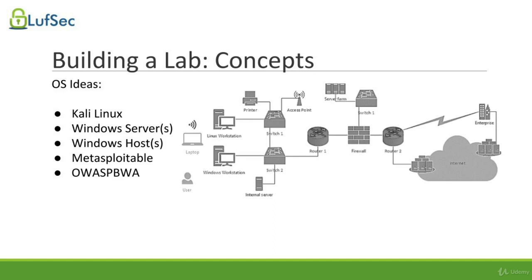Also, on this test network, we might want to have various Windows servers, whether it's 2016 or 2012, or some really old ones like 2003, for example. We also need some Windows hosts that might include Windows 7, Windows 8, Windows 10, etc. There are also some really cool machines out there we can put on our network to test our attack tools, like Metasploitable, which has some open vulnerabilities ready to go, as well as OWASP BWA, which is the Broken Web Applications project.